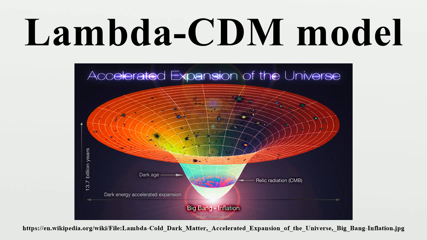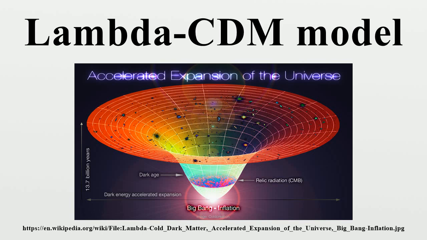The Lambda CDM or ΛCDM model is a parametrization of the Big Bang cosmological model in which the universe contains a cosmological constant, denoted by lambda, associated with dark energy, and cold dark matter.